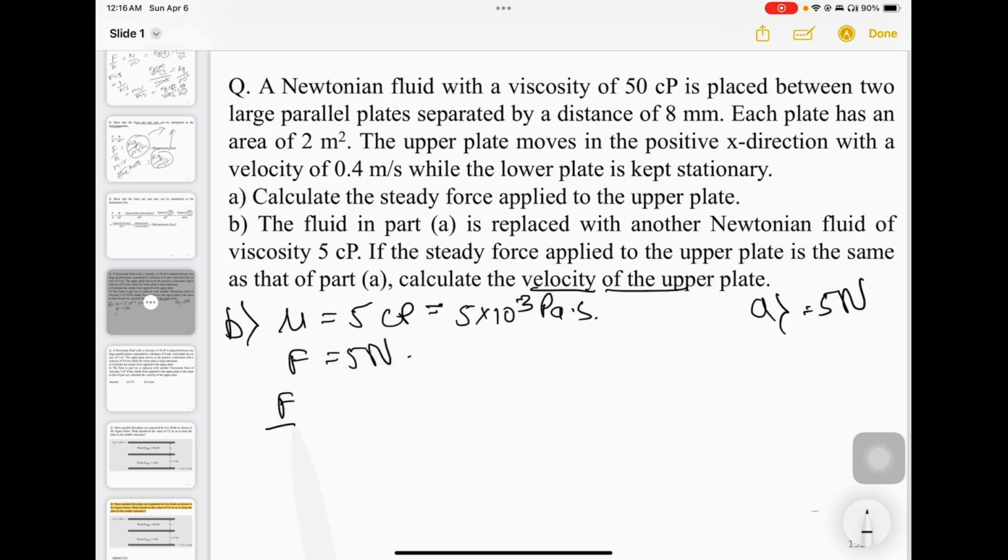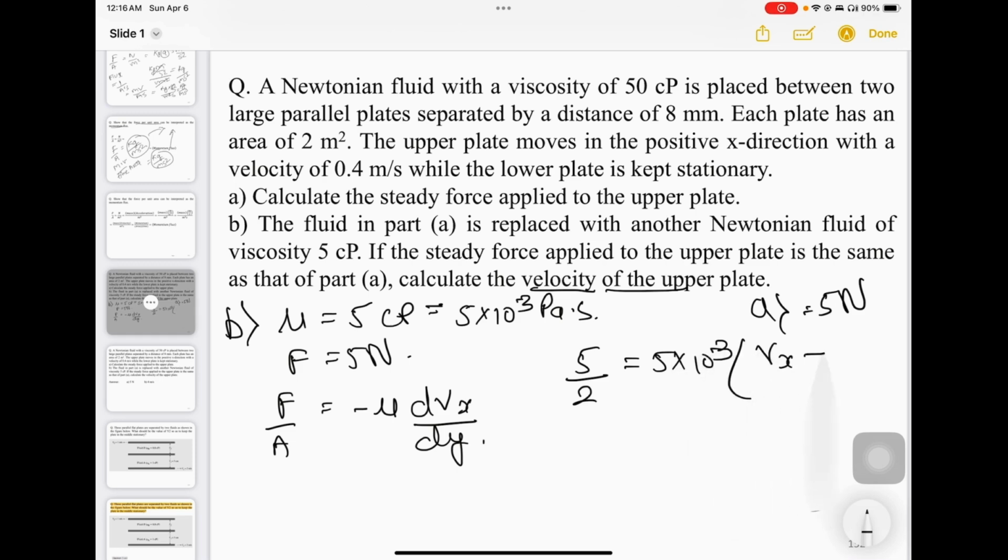So F by A is equal to minus mu dvx by dy. Same, we will apply Newton's law of viscosity. We will get 5 by 2 is equal to 5 into 10 to the power minus 3 times Vx minus 0, divided by 8 into 10 to the power minus 3. Everything is the same, just the viscosity has been changed and the force remains the same.